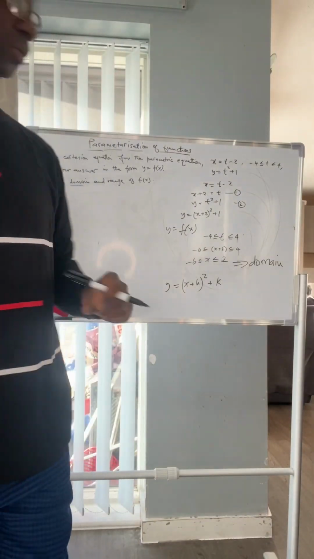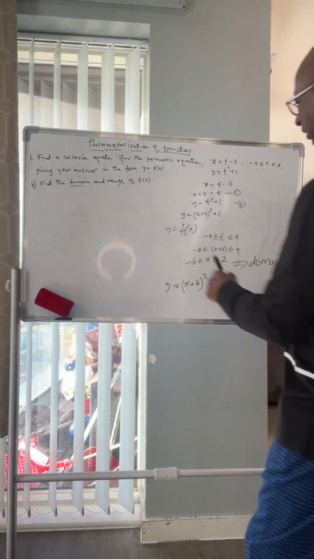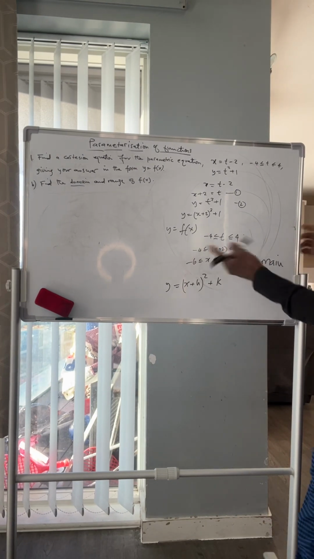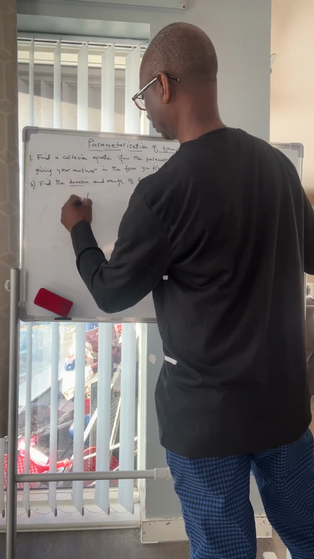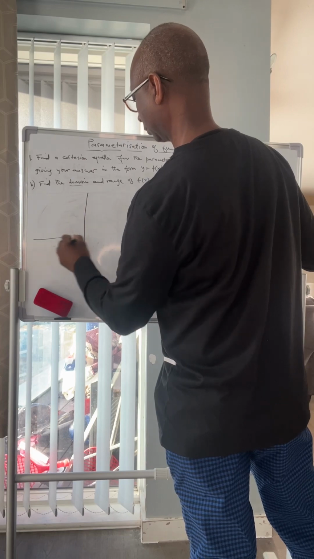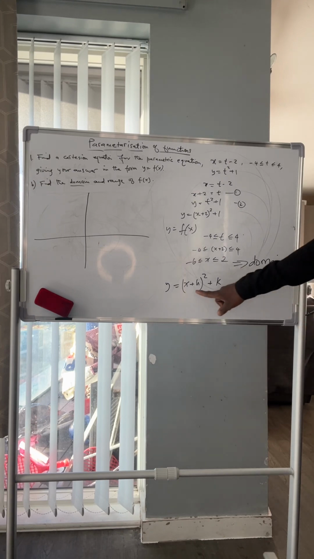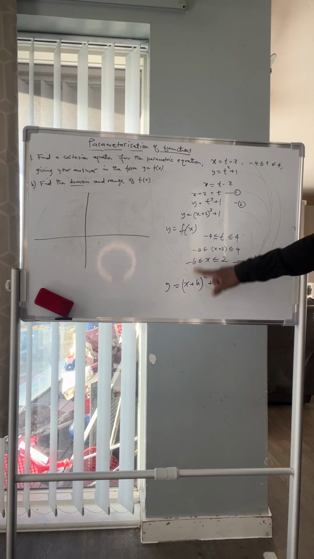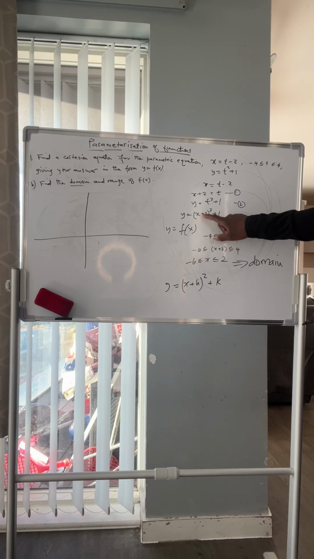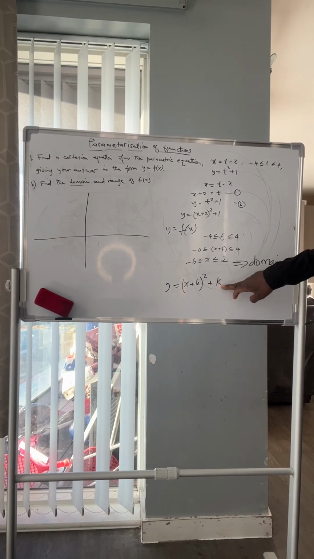So let's see how it goes. So now let's plot this graph. We know it starts from minus 6 to 2. When you want to plot this graph, you are looking at this formula.